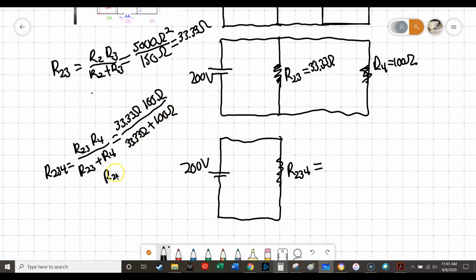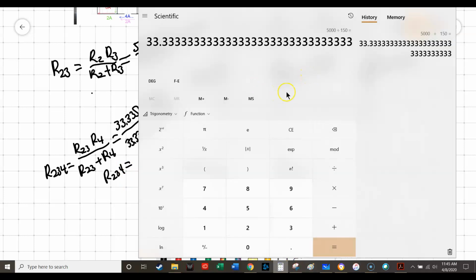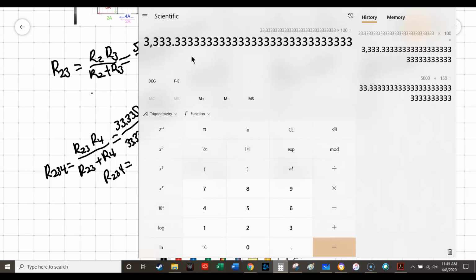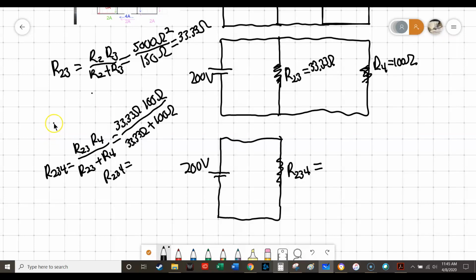What we're going to find out in a second, using a calculator, is that this probably will work out to be a whole number. So that's 33.33 times 100, 3,333, so no shocker there, 3,333 ohms squared divided by 133.33 ohms.